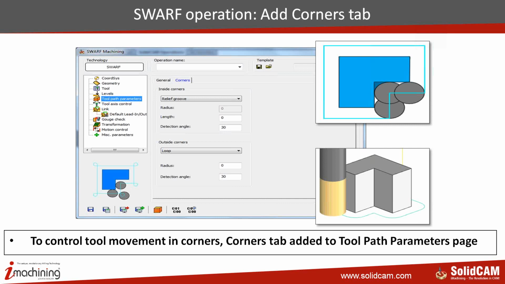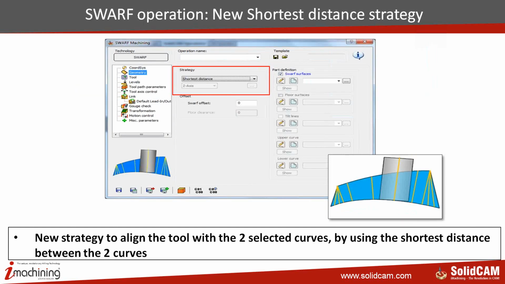We have given all the options to the user. This is only if you would like to use it. By default, they're all switched off. And then we have a new short distance strategy which basically determines the tool orientation based on the ISO lines of the defined curve. So this is a new strategy that has been added to swerving.